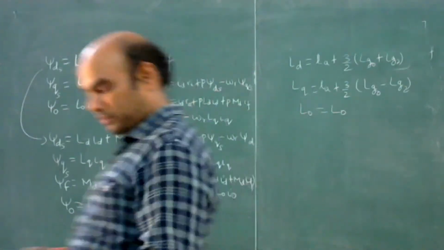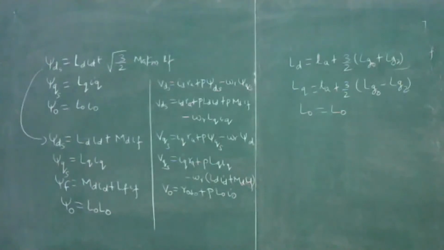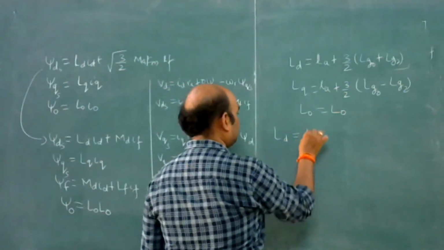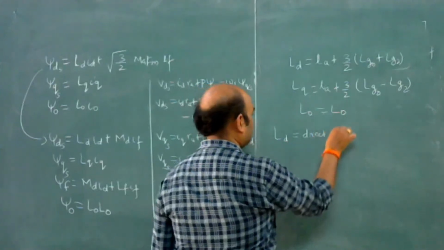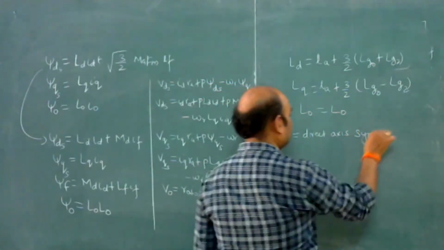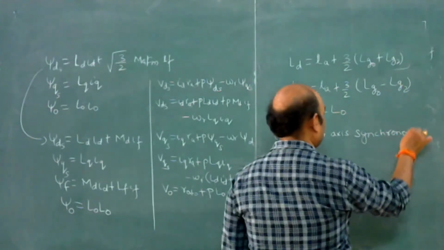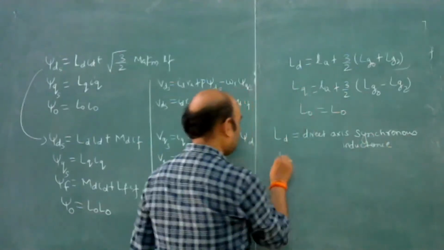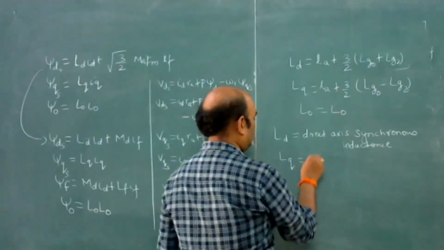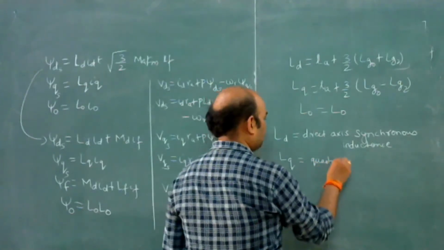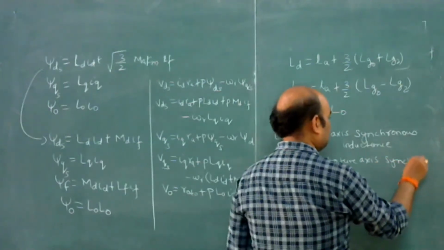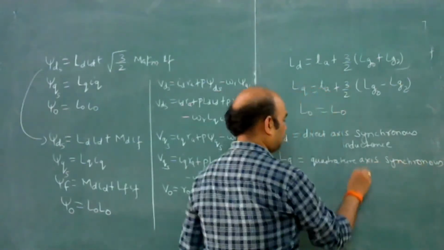So where LD is direct axis synchronous inductance. LQ is quadrature axis synchronous inductance.